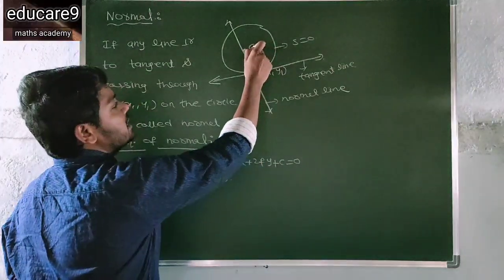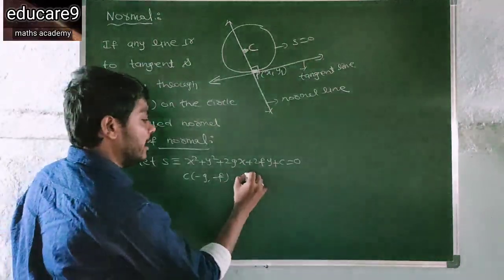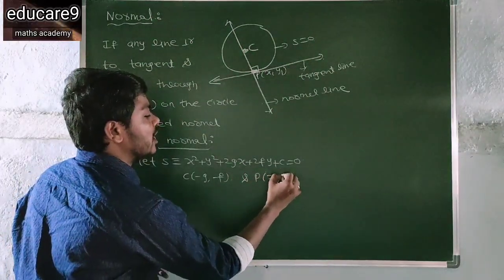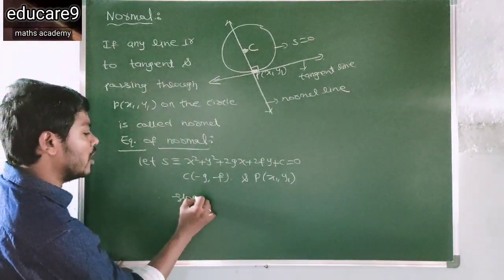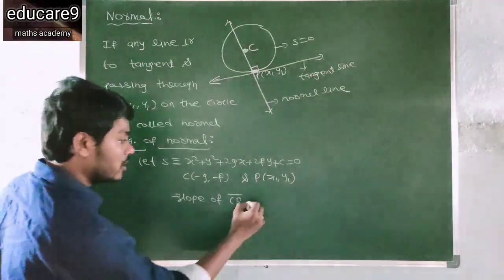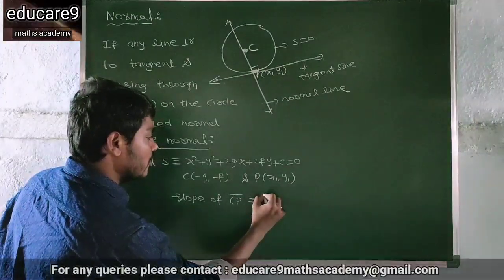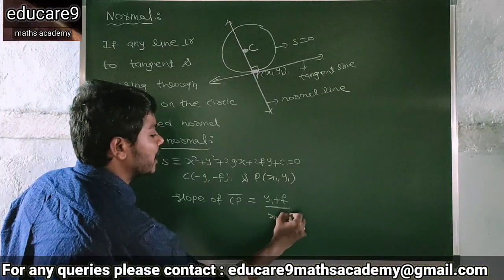So clearly CP is perpendicular to the tangent line at P (x1, y1). So therefore the slope of CP is y1 plus f by x1 plus g.